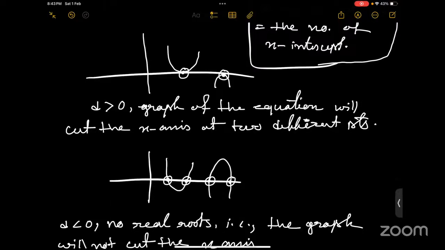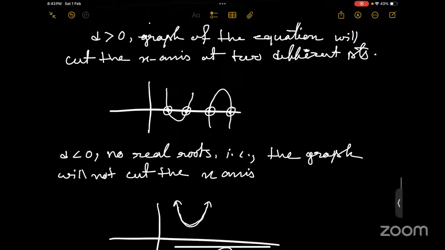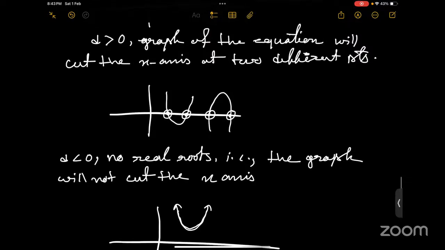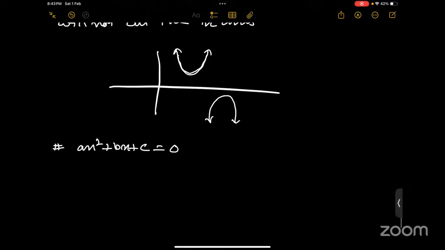So you can match it picture-wise too. For the first picture, it touches the x-axis once, so the number of roots is 1. In the second, the number of roots is 2 because it cuts the x-axis at 2 different places. And in the third picture, the number of roots is 0 because the x-intercept is 0. So whenever we have a quadratic equation, our motto should be to find its roots.